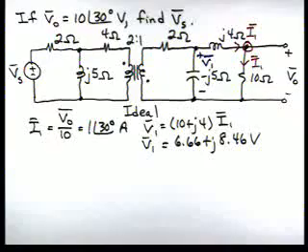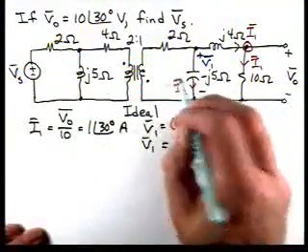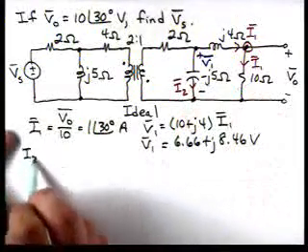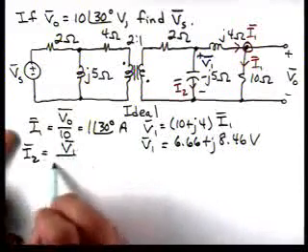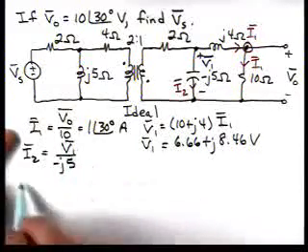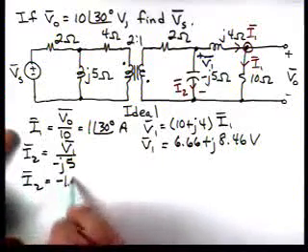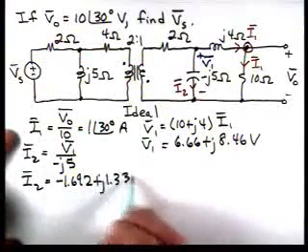Now we can calculate I2. I2 is V1 over minus J5, which says that I2 is minus 1.692 plus J 1.332.